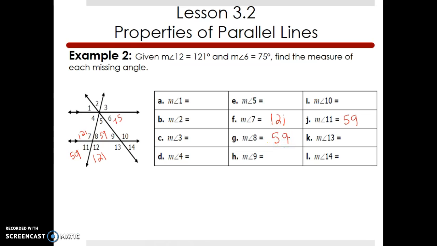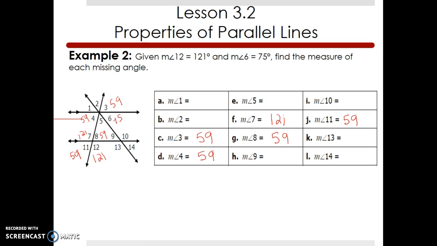And if angle 8 is 59, angle 4 is also 59 because these are alternate interior. And if angle 4 is 59, angle 3 is also going to be 59 because those are vertical angles. All right. So we have that much information.